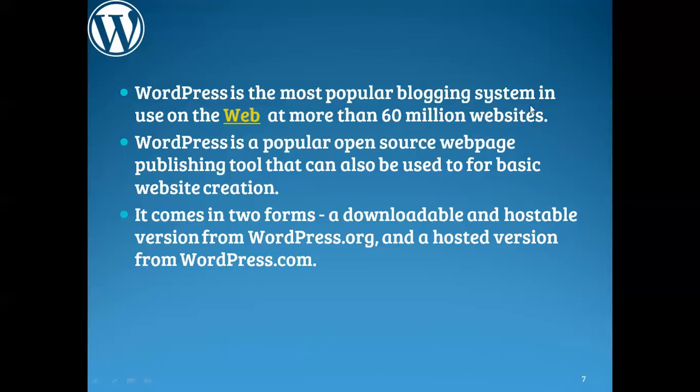WordPress is the most popular blogging system in use on the web at more than 60 million websites, which is a high ratio. WordPress is a popular open source web page publishing tool that can be used for basic website creation. It comes in two forms: downloadable and hostable version of WordPress.org and WordPress.com. You can create directly in WordPress.com by creating a simple sign up account.